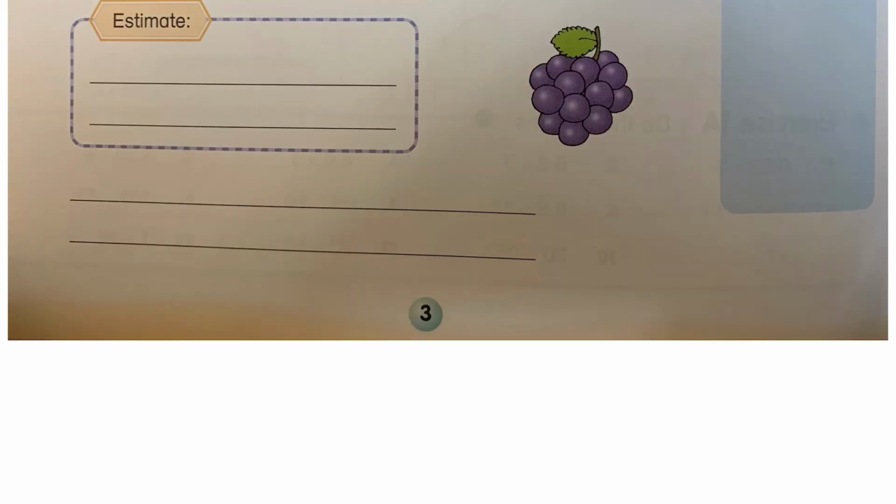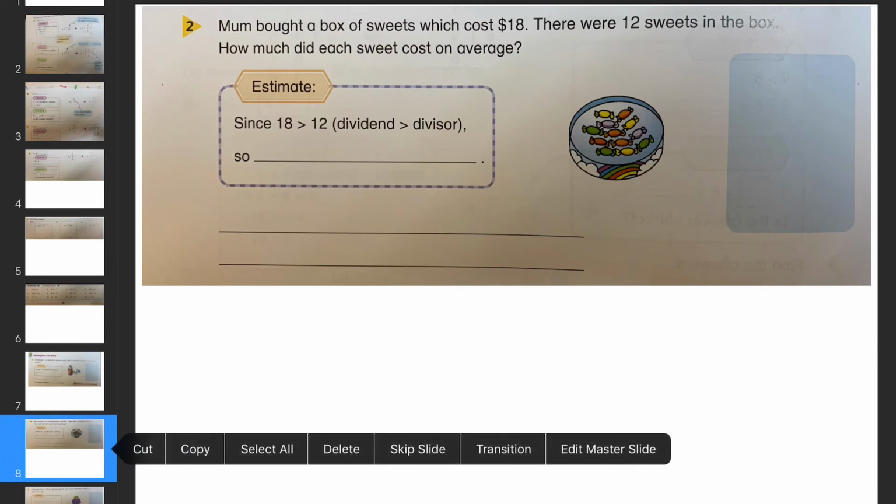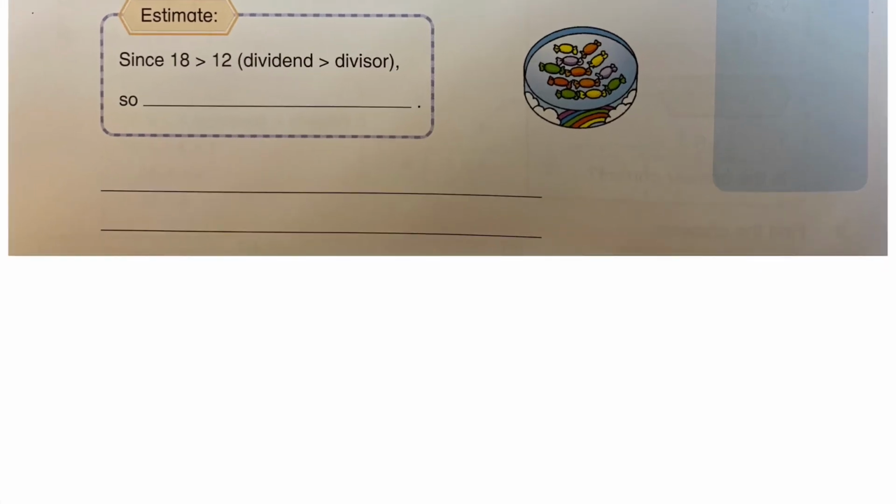So it is 18 divided by 12, 1, 12, 6.0 and 5 and 6 and 0.